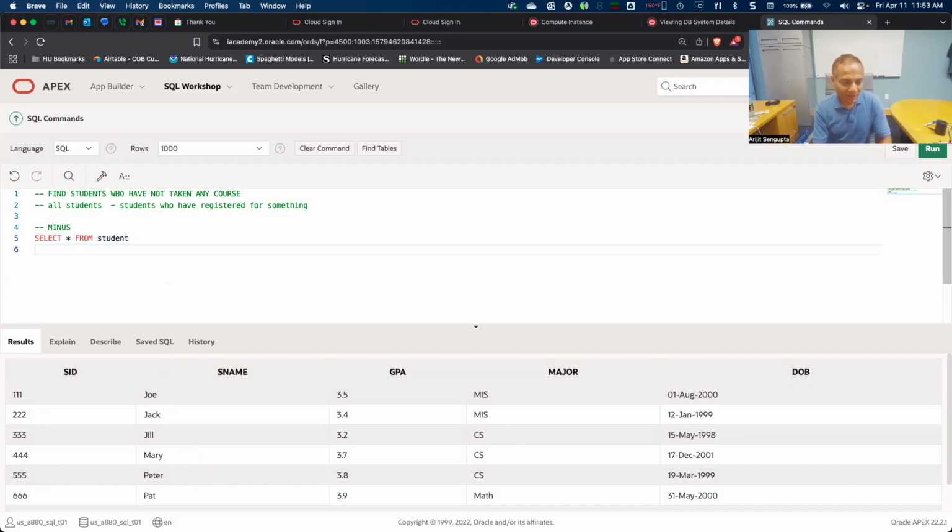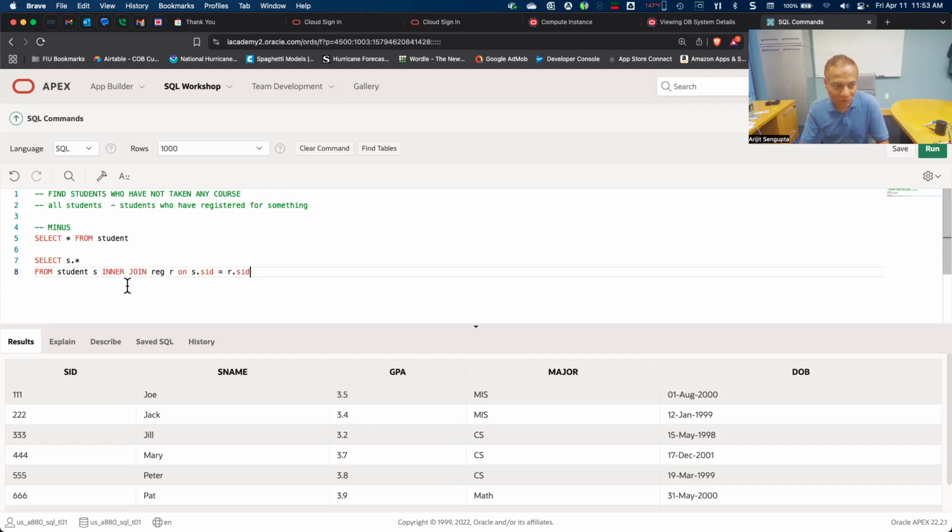Now, let's say I select s dot star from student s, inner join reg r on s dot sid equals r dot sid. Right?